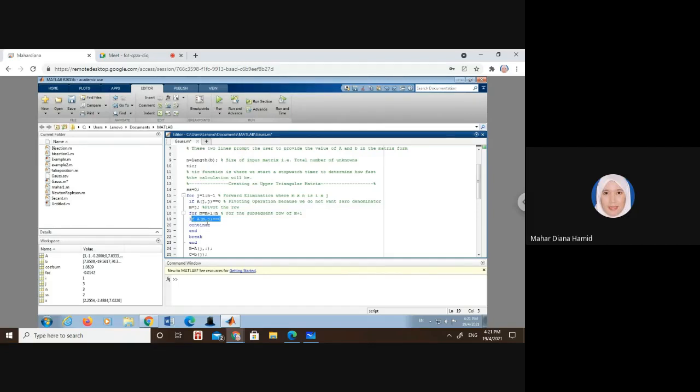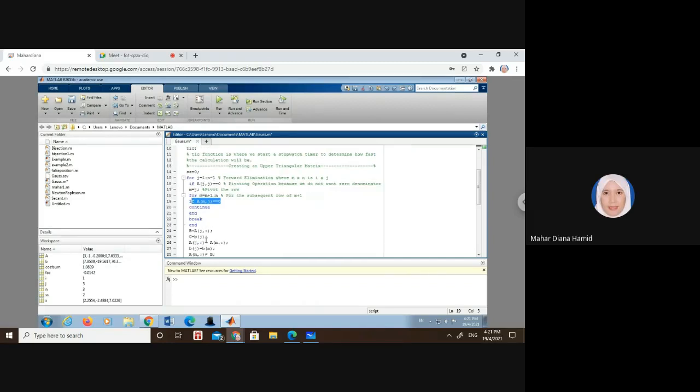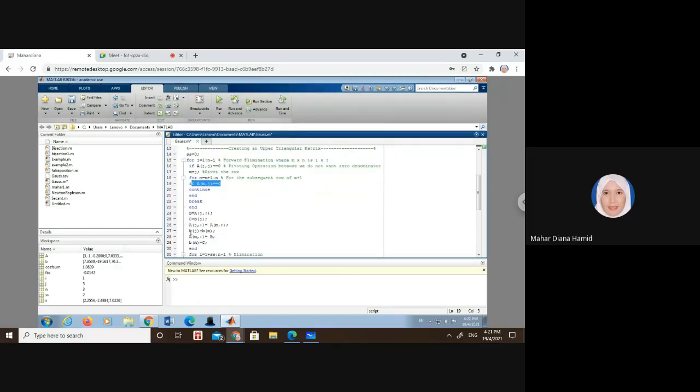So this is for the subsequent, if I'm not mistaken, this one is for a 4 by 4 matrix. After we end it, from line number 24 until line number 29, we are going to change the value of the element.